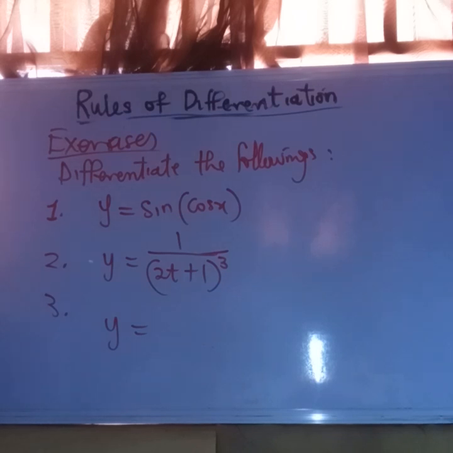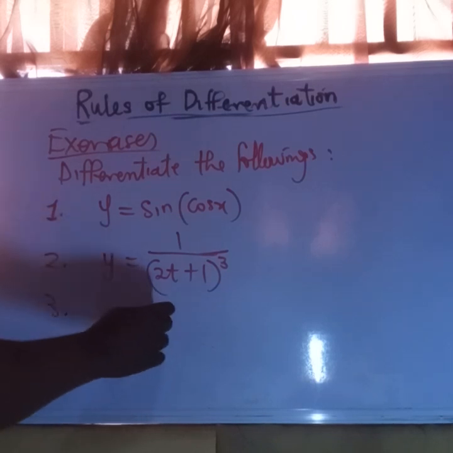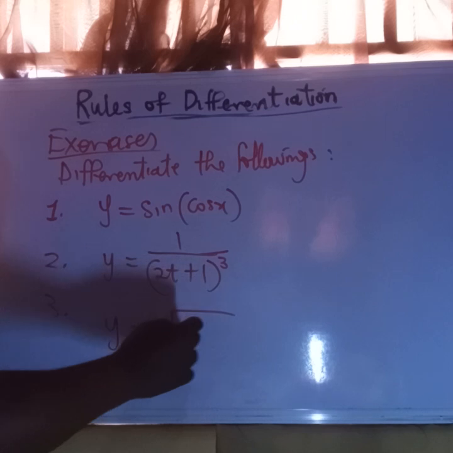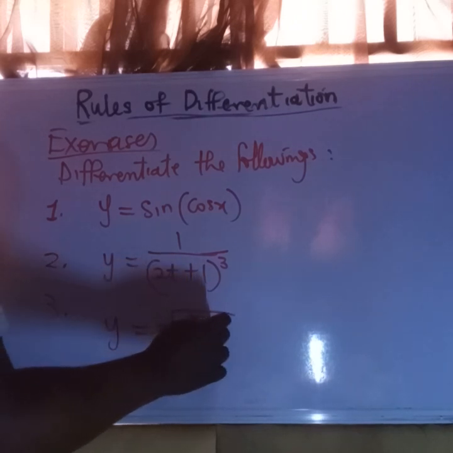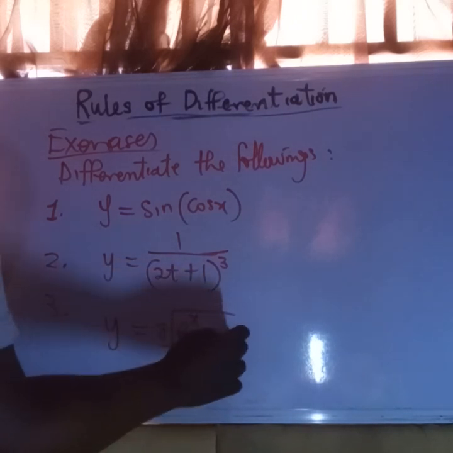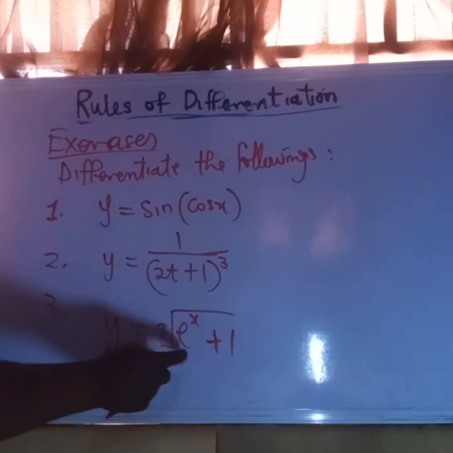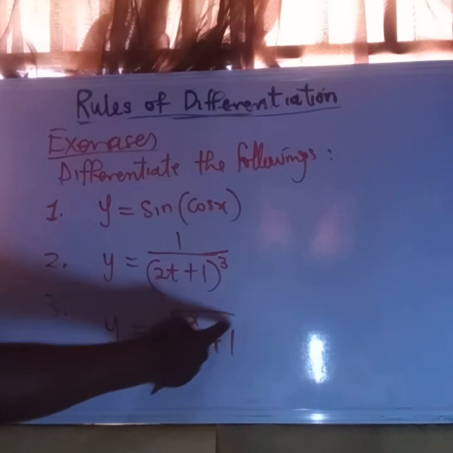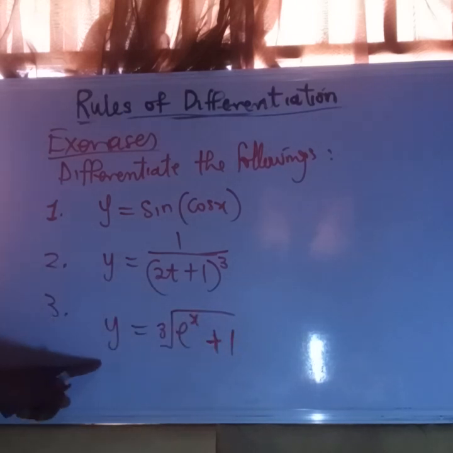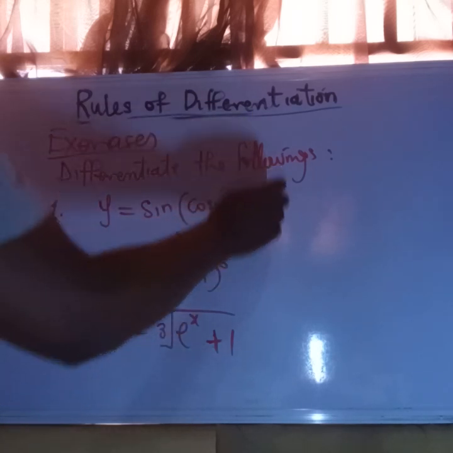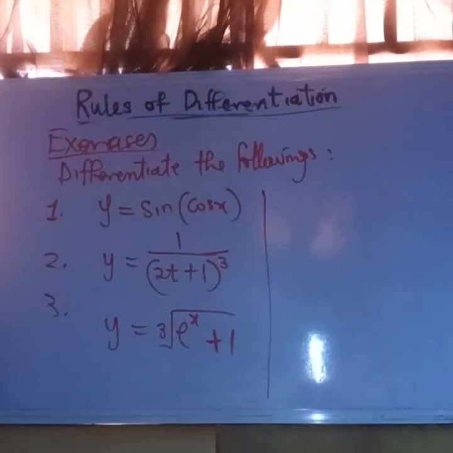The function, the cube root of exponential x plus 1, and the square root. Find the derivative of this with respect to x. Let's add one more.